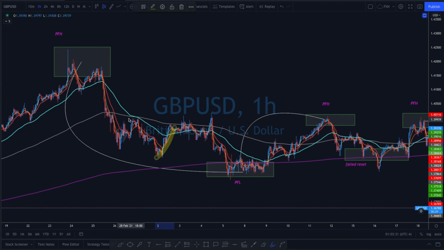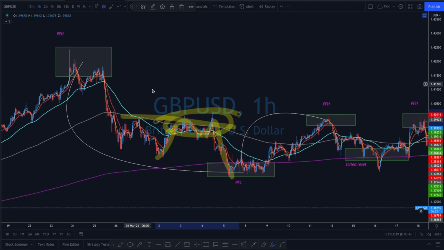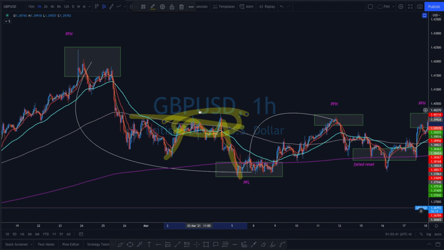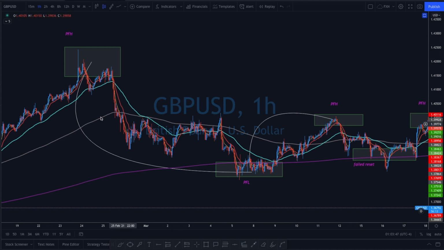Here's where the EMAs come in. You see how it bounces off the EMAs and then it goes back down? This is your reset. Okay, that's your reset there. That's what you can use for the reset. So for that to work, if that's the reset, then what's the pip count from the top of the reset here all the way to the bottom?